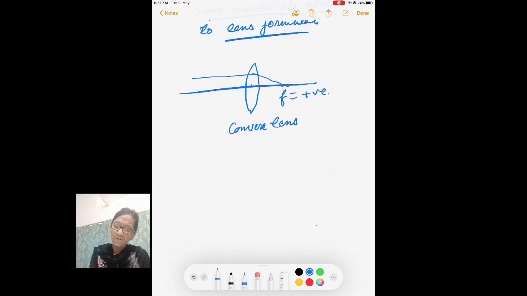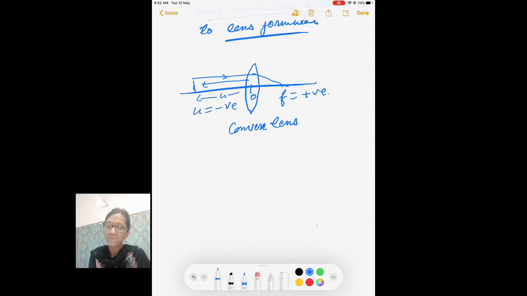Now if you are measuring all the distances from the optical center only, so if you are measuring the distance along a direction opposite to the incident ray, then you will have to take negative sign. So if the object is kept here, this u must be negative.